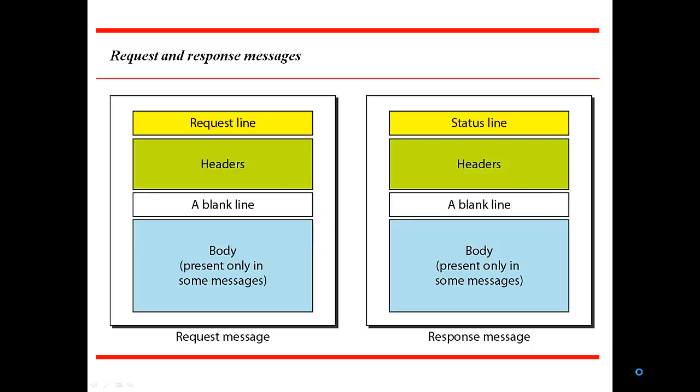So there's a request line, which we'll see more in detail in a minute. There are any number of headers. There's a blank line, and we actually saw a blank line in the email protocol too. So this extra blank line is one of the ways on the web that a separation is signified. And then the body.